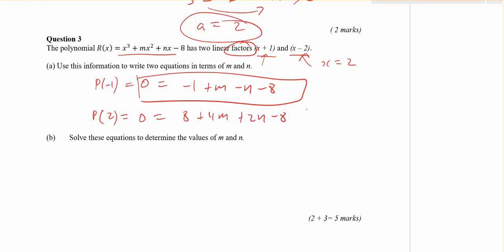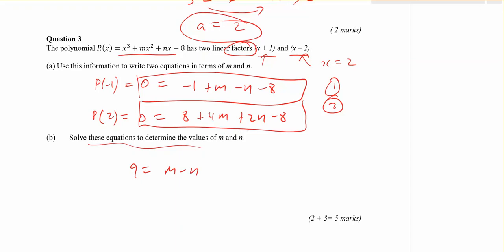So I'm going to rearrange the equation. I'll put the numbers on one side. So I'm going to move the 1 and 8 to the other side, so that becomes a 9 equals m minus n. And the 8s cancel here, so we're left with 0 equals 4m plus 2n. I can multiply the first equation by 2.